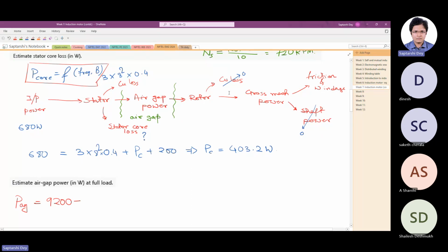Stator current is given as 15 ampere at full load, so 3 I squared R, minus stator core loss. So this is the air gap power at full load, which is 8526.8 watt.